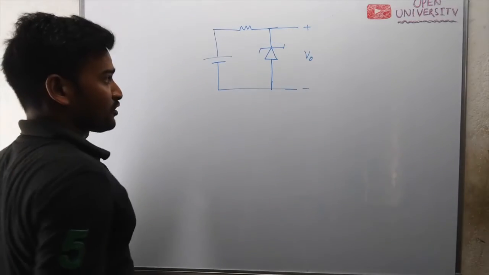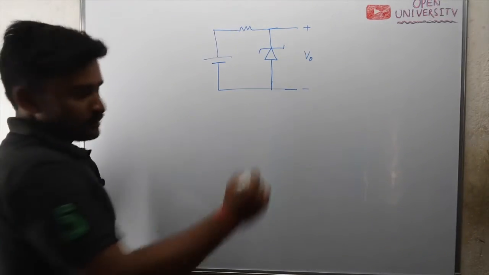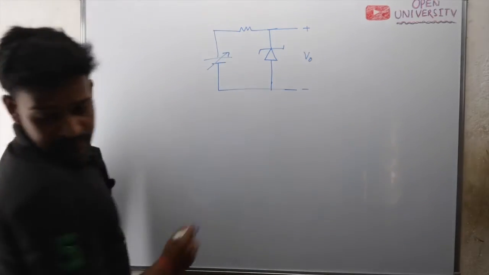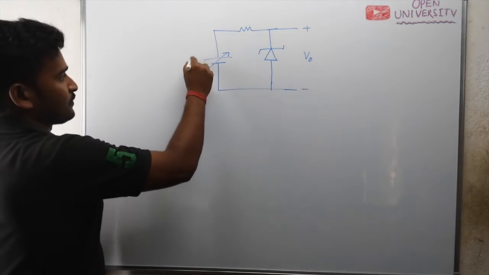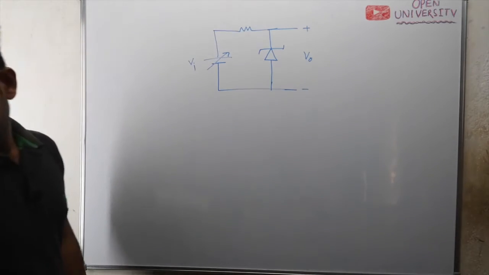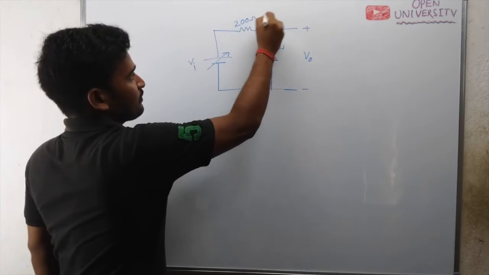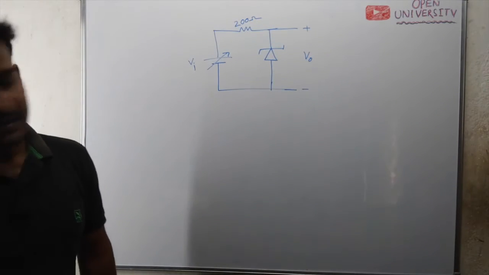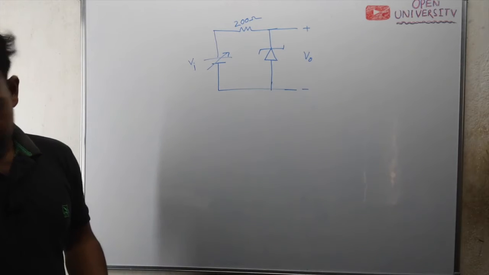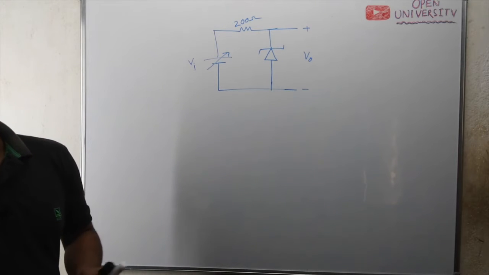Load resistance is not present. Input voltage is varied, this is given as VI. This is 200 ohm, RS is given to be 200 ohm. Your load resistance is not present, and it is asked to find the range of output voltage.